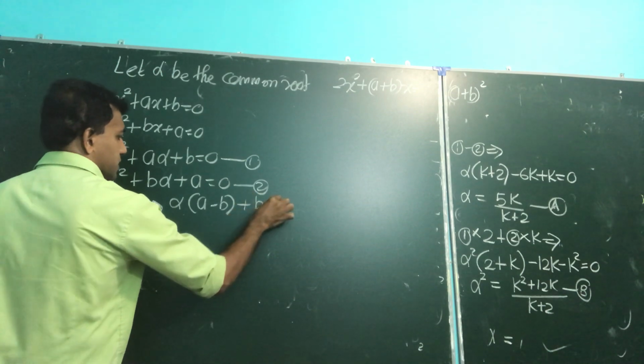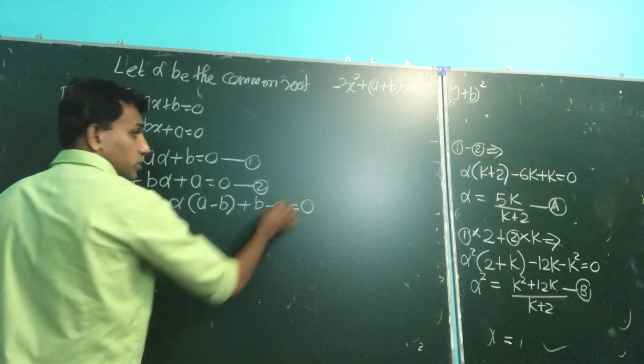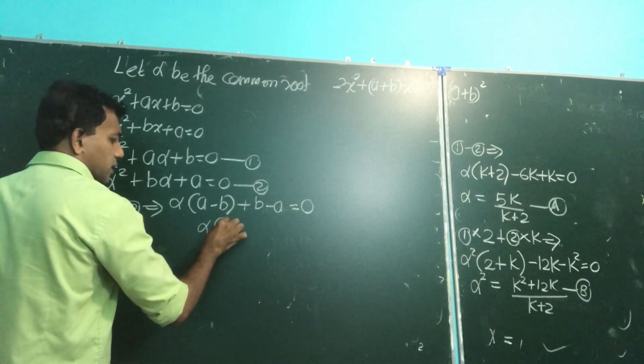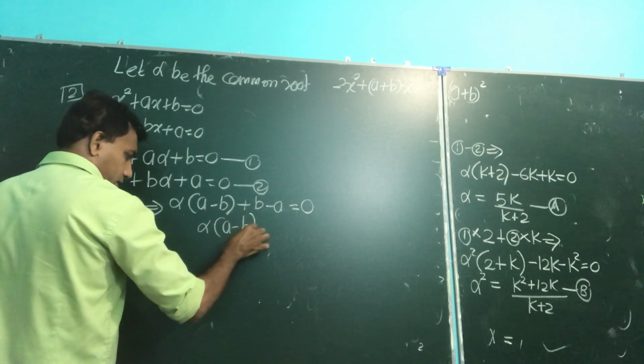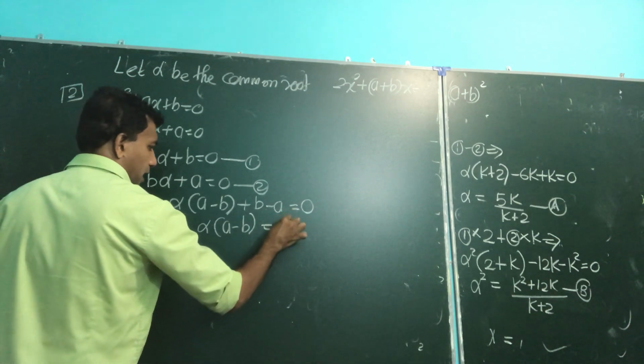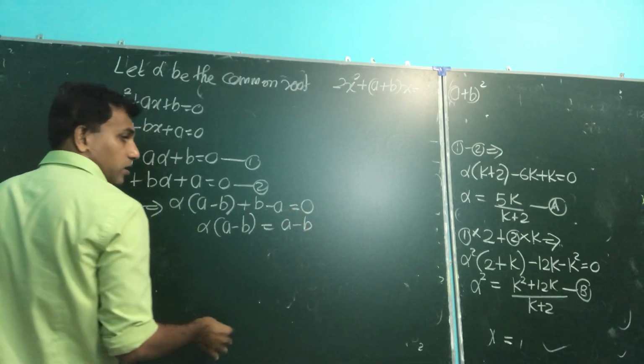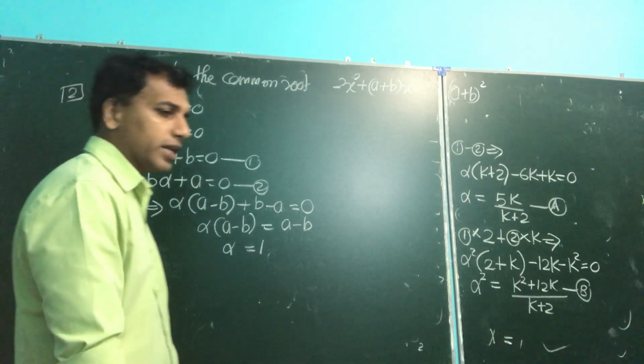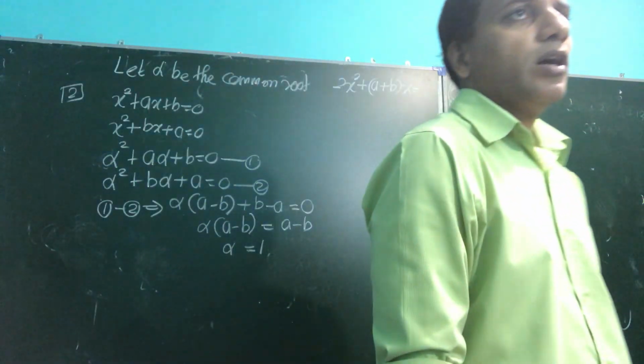Here b minus a, right, equal to 0. Then what? Alpha into (a minus b). Take this one to the side, a minus b. Therefore alpha is 1.